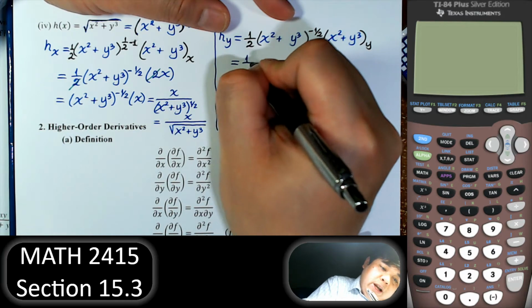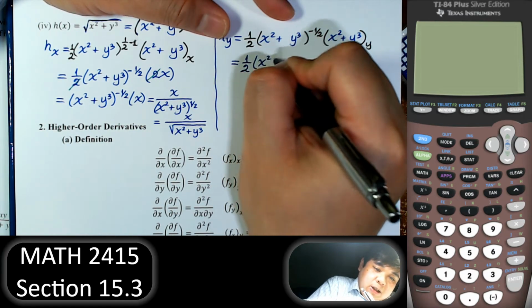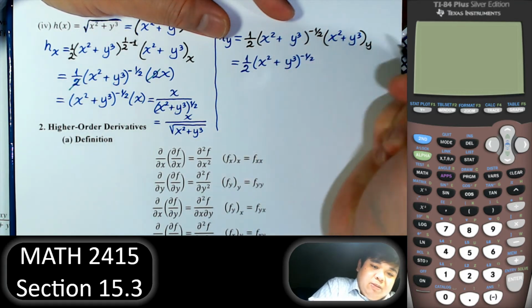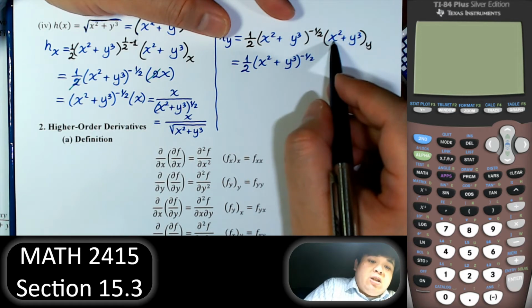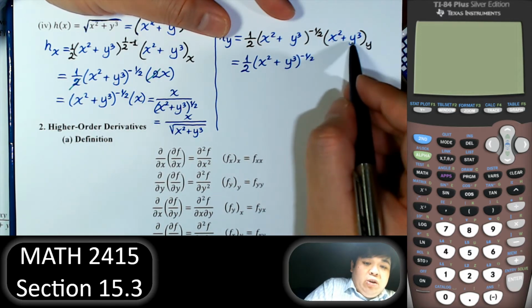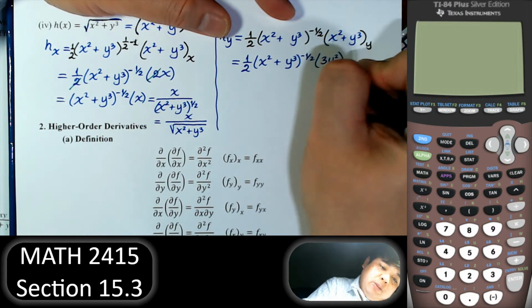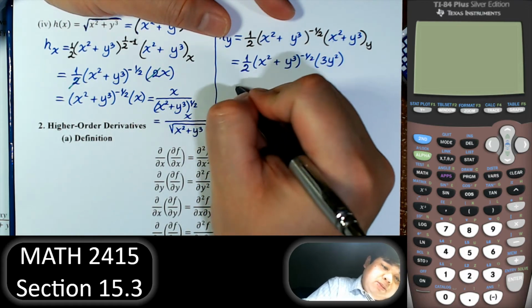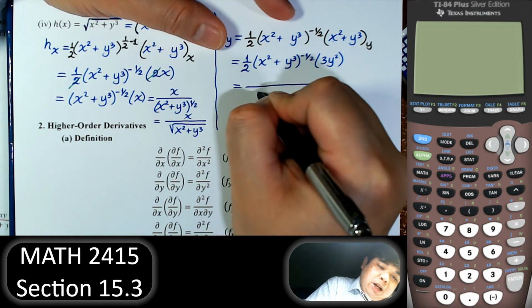So we have 1/2 times x squared plus y cubed to the negative 1/2. And then the derivative of this with respect to y: x squared is a constant, derivative is 0, derivative of y cubed with respect to y is 3y squared. The 2 doesn't cancel here, so the 2 will stay at the bottom.